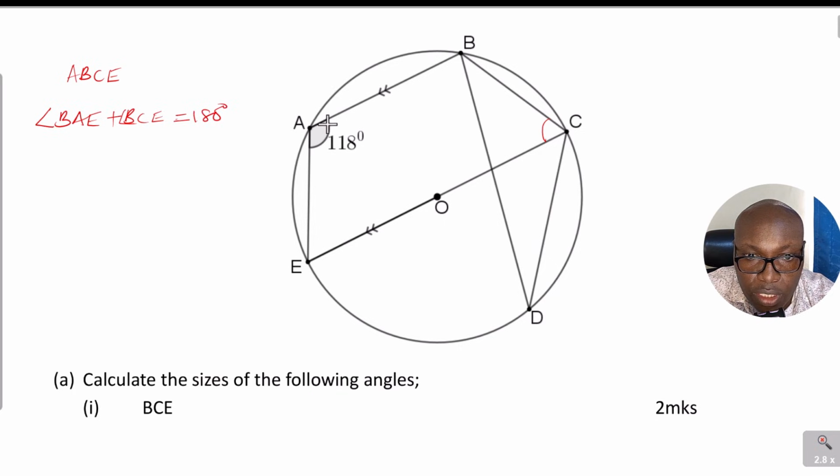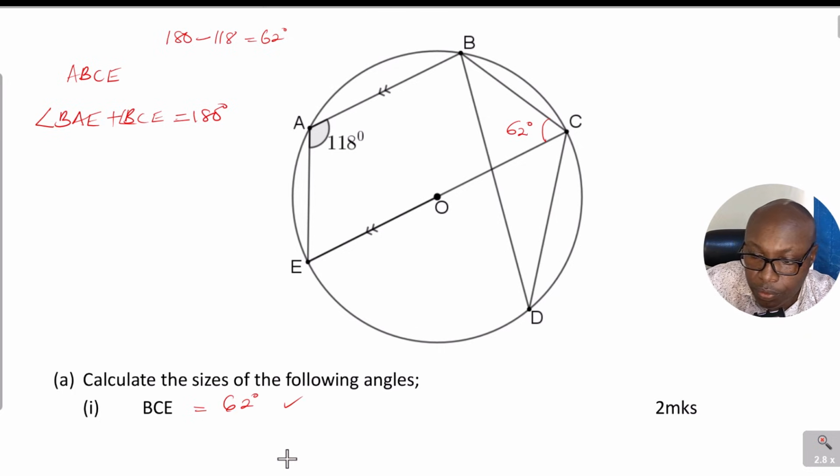So therefore, if this is 118, then the other one will simply need to take 180, subtract 118. And that will give 62 degrees. So this angle here should be 62 degrees. So that is the size of angle BCE.